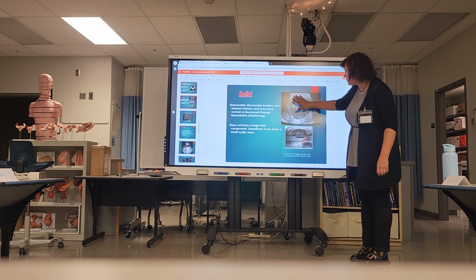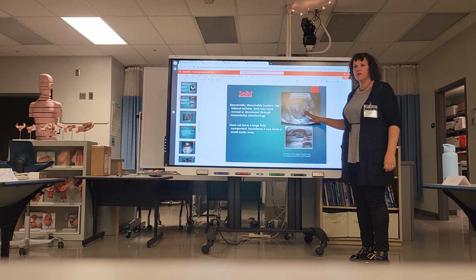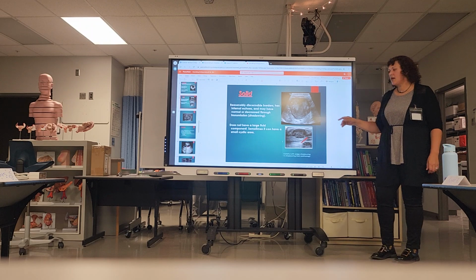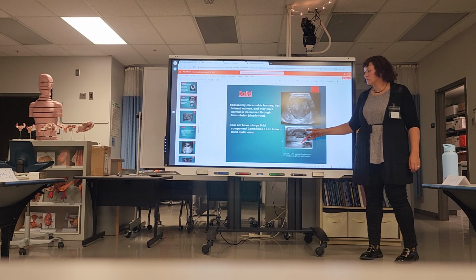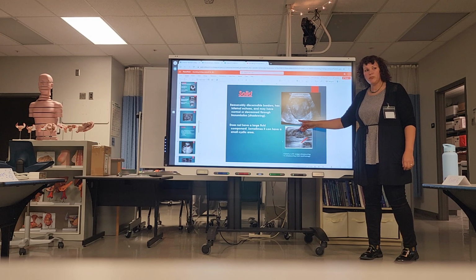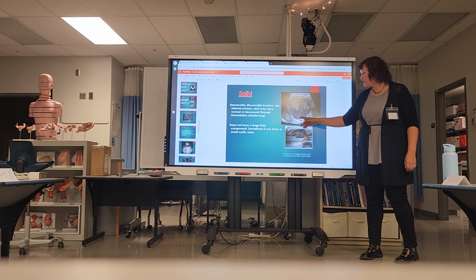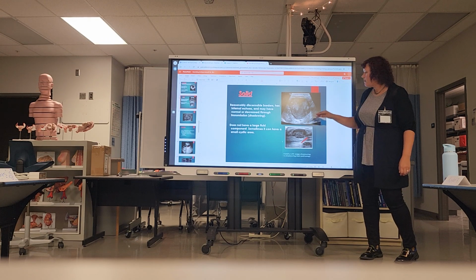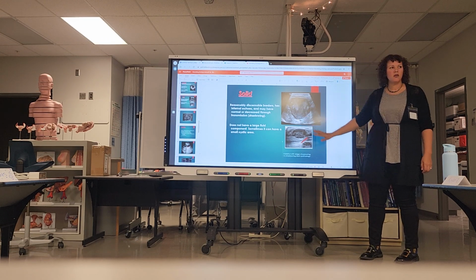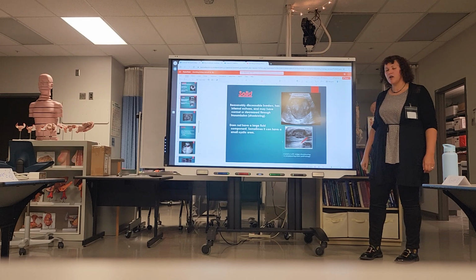So how would you describe the echo texture here? Yeah, it's heterogeneous for sure. Would we still call that enhancement? A little bit of enhancement. Okay. So there might be a small fluid component up here, but it's mostly solid. So we're gonna call this a solid.